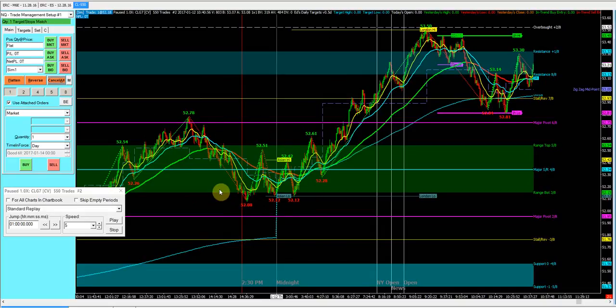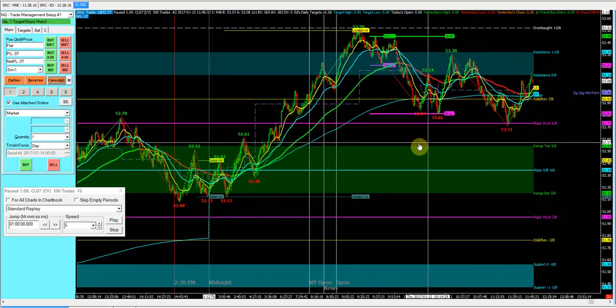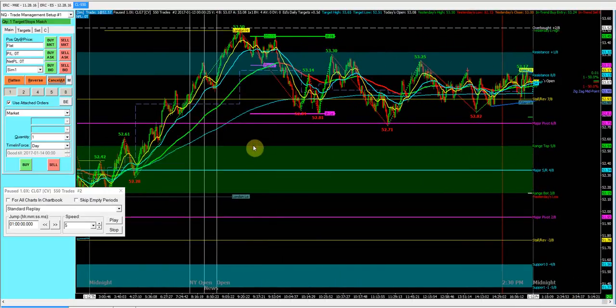For a conservative entry, we could make this major support resistance line our target, because price action chopped in here, then went up, and usually when it comes down, it'll chop around in here and then sometimes go back down. Just for a conservative entry, 52.34 is exactly where I put my fill last night, so that's where I'm going to put it right now.